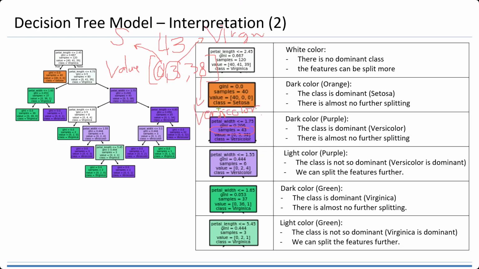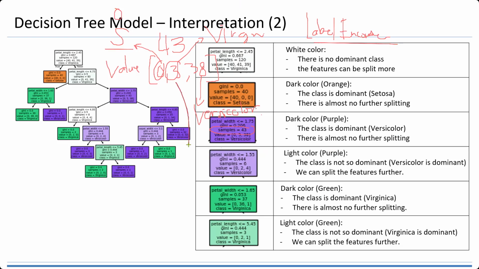Then how do we know this one? You go to the code. At first, you use the label encoder. What is a label encoder? We transform the categorical data into numeric. And from the code that we have, Setosa is 0.